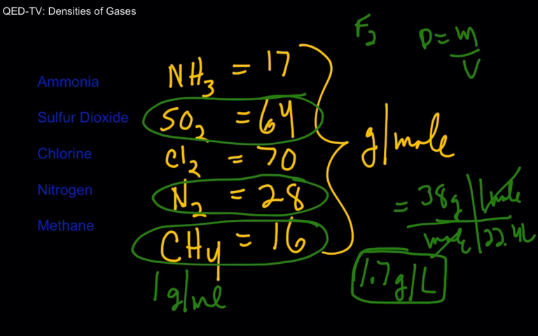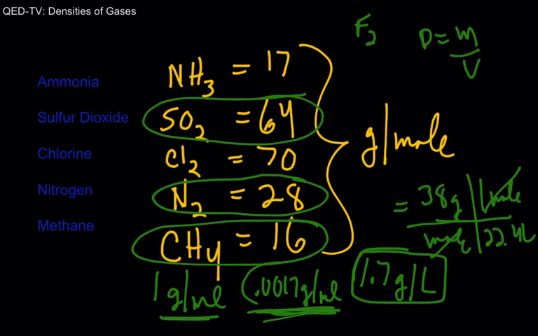So technically you'd have to take 1.7 divided by 1,000 to convert, and that would be 0.0017 grams per milliliter. So if you want to compare to water, then you've got to put in the exact same units. And clearly this is way less than 1, as all gases would be.